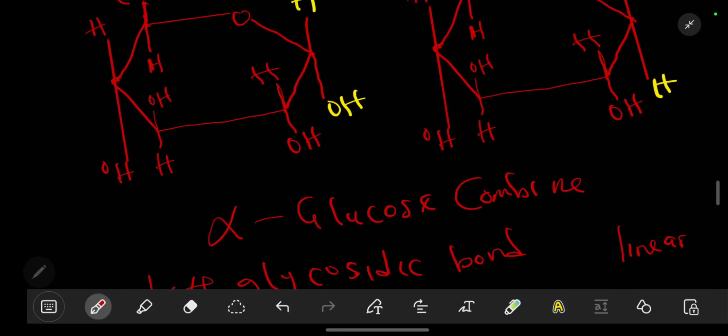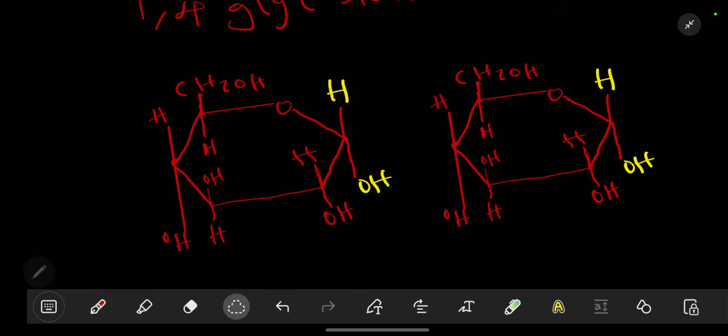So let me explain how it goes. When these structures come together, our main interest for this reaction is just this side. When these structures come together, this is what is formed. The reaction that these undergo is what we call a dehydration reaction, in which water is released.